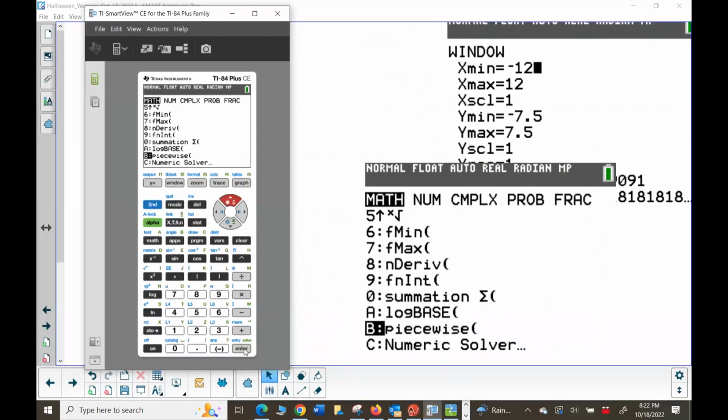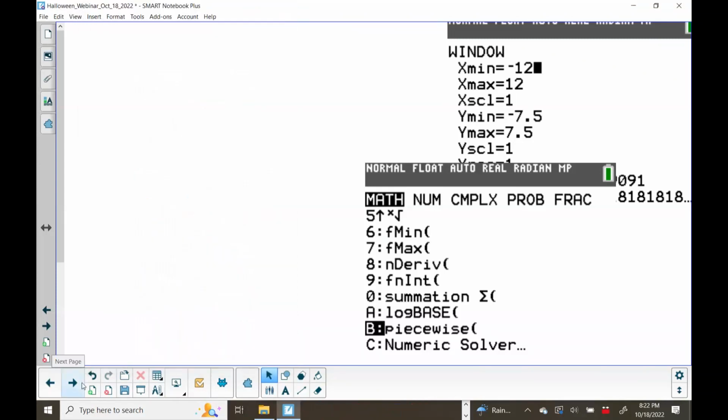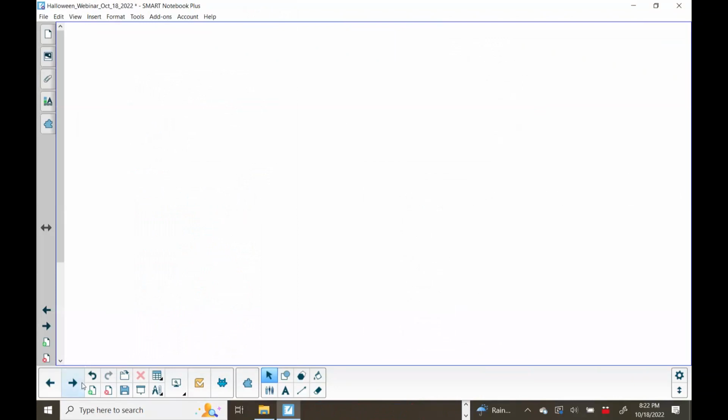And when I press enter and paste it, I can pick as many pieces up to 5 or as few as 1. And again, I picked 1 and okay. And then you type in the function and then you type in the qualifiers. And under 2nd, Math, which is Test, is where you get the conditions that you can use there. Okay, so good questions, good questions.